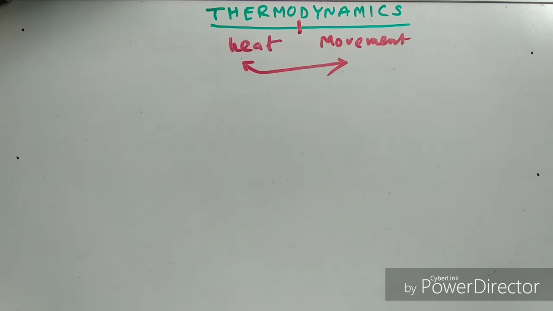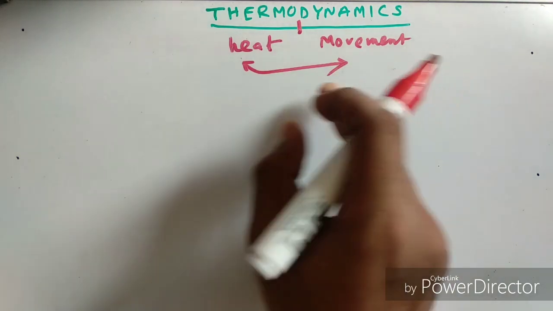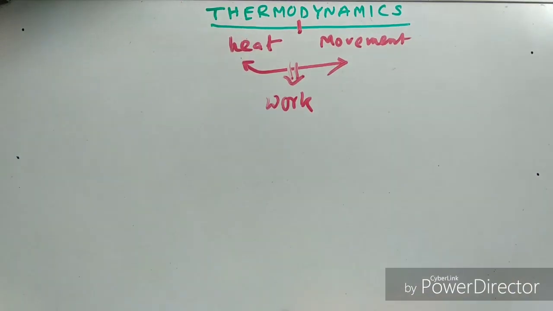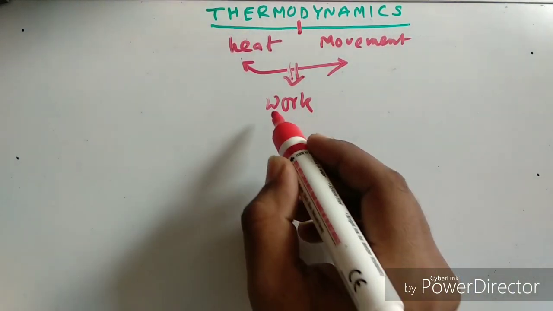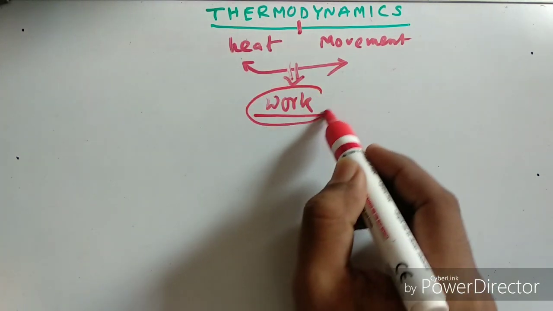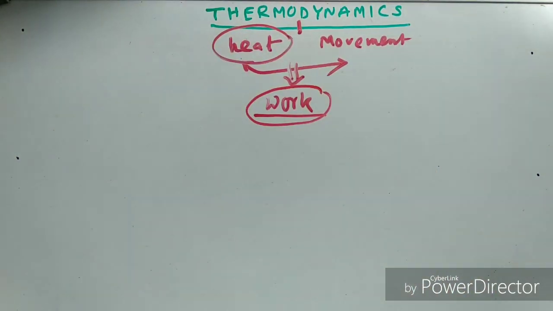Okay, so we know heat and movement. What do heat and movement do actually? Heat and movement generally produce work. That is, thermodynamics gives work. Remember this one. We know work is a form of energy, heat is another form of energy.